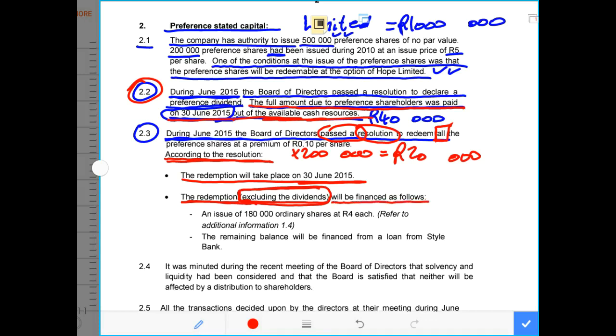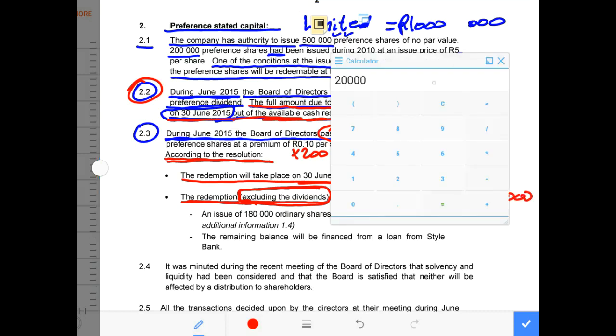In other words, they are telling us that they don't have money to pay to the preference shareholder. How much are they owing the preference shareholder? Remember, they said all the preference dividends were redeemed. That means the 1 million, which is the capital, will have to be paid back, plus the 20,000. This is 20,000, the premium. That means now the company will have to pay 1,020,000 rands.